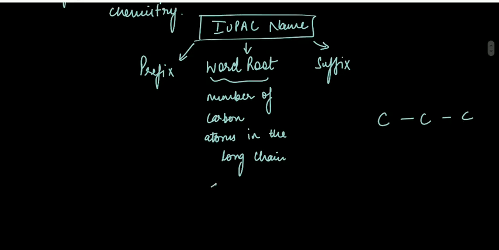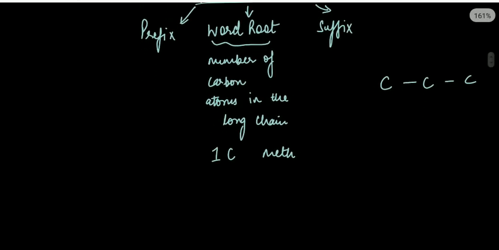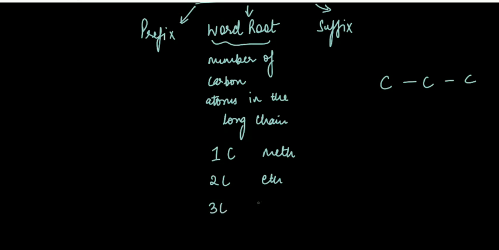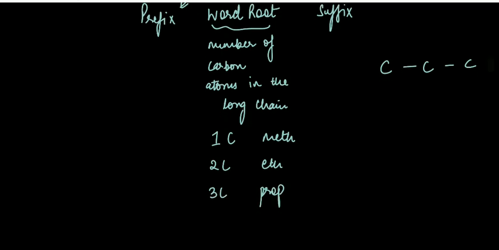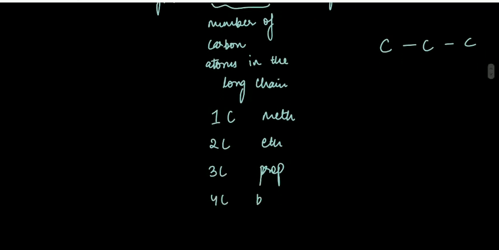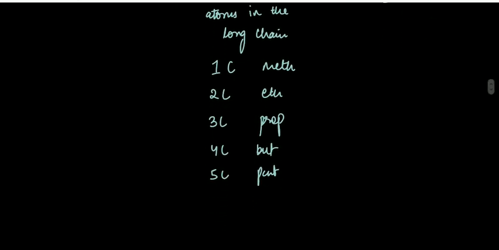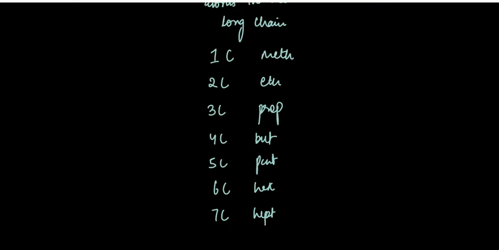If I have, let's say, a one carbon chain, we use the word root meth. For a two carbon chain we use eth. Three carbon, prop. Four carbon, but. Five carbon, pent. Six carbon, hex. Seven carbon, hept.